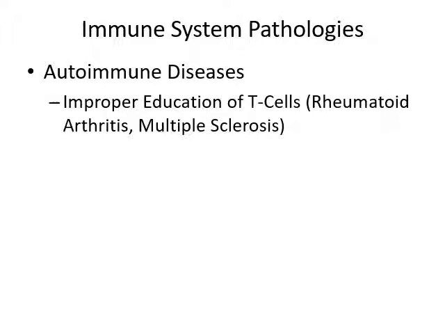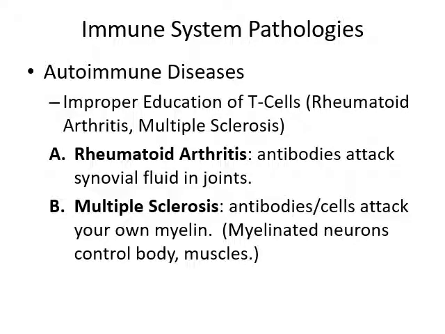All right, autoimmune diseases, improper education of T cells. Rheumatoid arthritis is where antibodies attack the synovial fluid in the joints. Remember, we have synovial fluid in the joints, and that synovial fluid contains proteins. Multiple sclerosis, we discussed this a little bit when we discussed the nervous system.